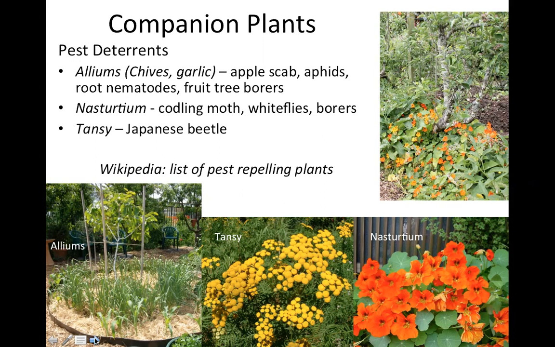Nasturtiums are supposed to keep away white moths, whiteflies, and borers, and tansies are supposed to be effective against Japanese beetles. There's a huge list of different plants that repel different things, and you can check that out on Wikipedia.